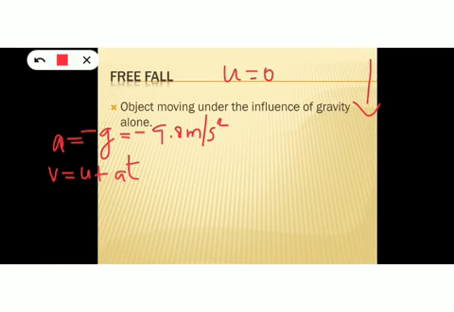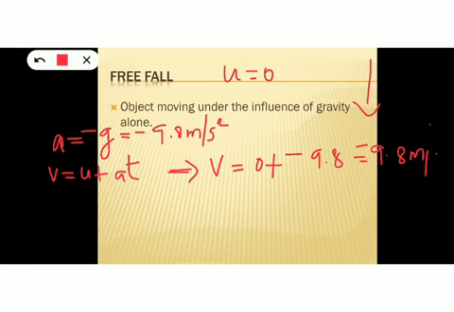Substituting all these in the first equation, it will become v is equal to 0, initial velocity u is 0, plus acceleration. What is acceleration? It is minus g, that is minus 9.8. Okay, this will be our first equation of motion for a free fall: v is equal to minus 9.8 t.